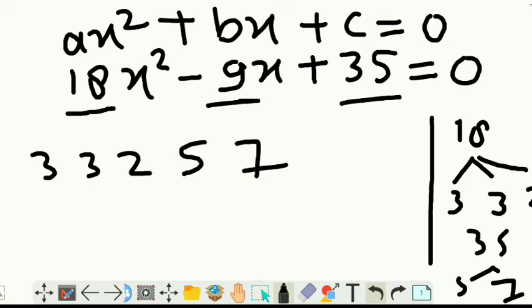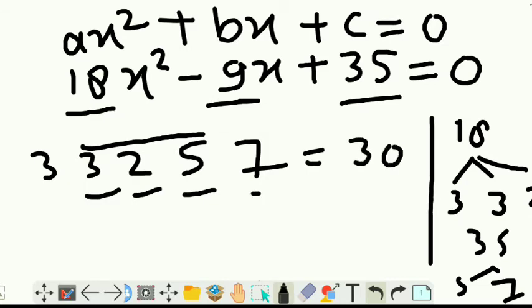So let's check if we are making the pair 3 to the 6 and 5 to the 30. It means 3 to the 6, 5 to the 30, and 7 to the 21.